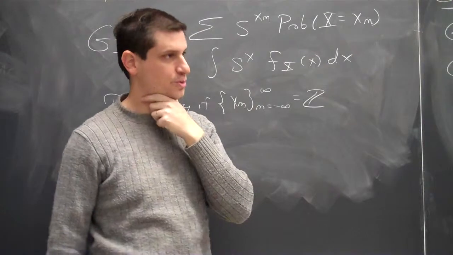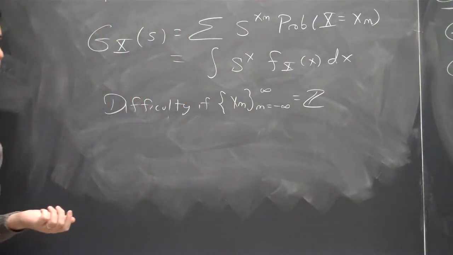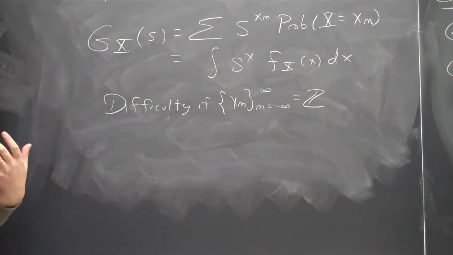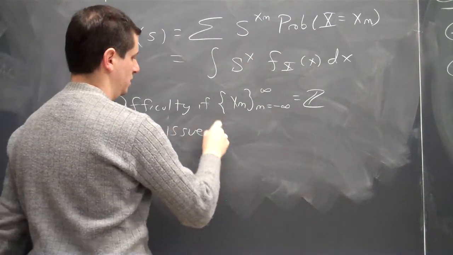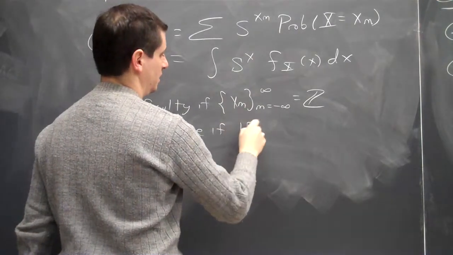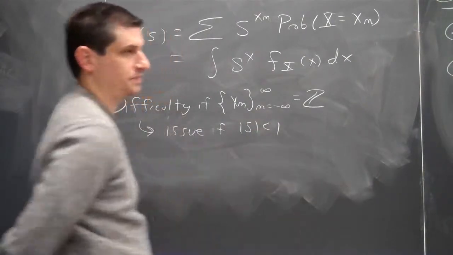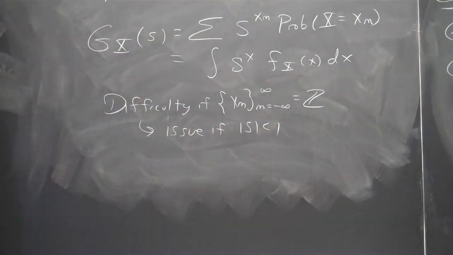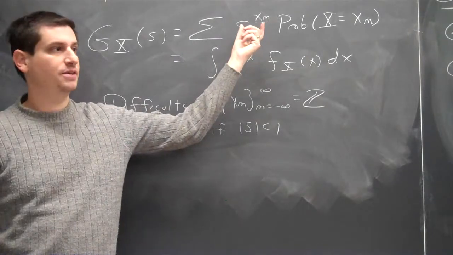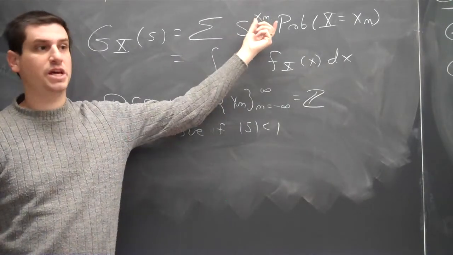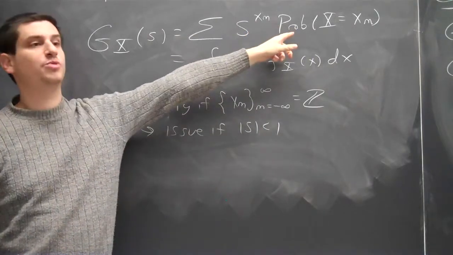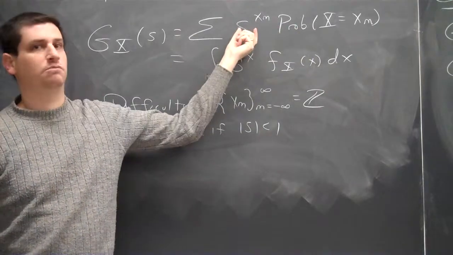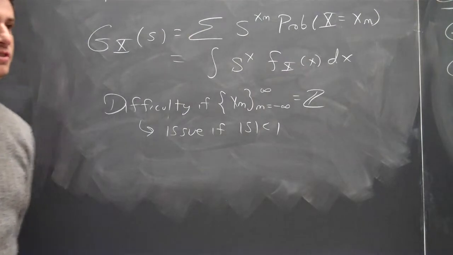So we could have some issues with things being blown up too fast, maybe if the absolute value of s is less than 1. Otherwise, this will clearly converge if the x_m's only take on non-negative integer values, because all these probabilities are at most 1, and they'll be bounded by a geometric series.